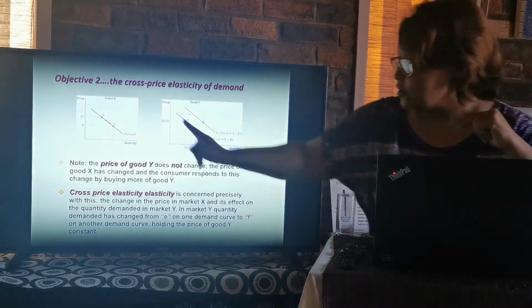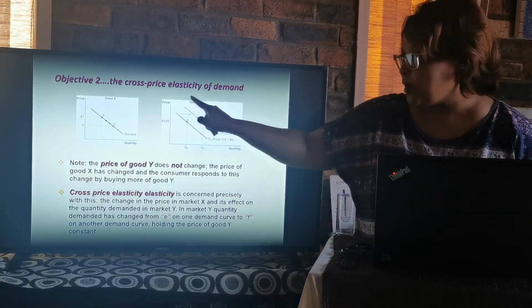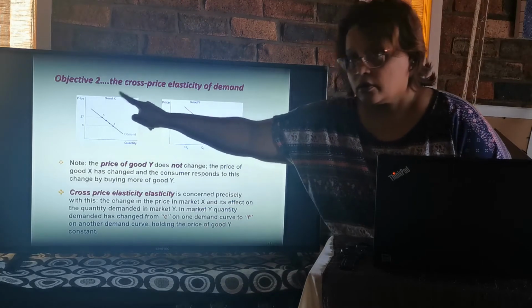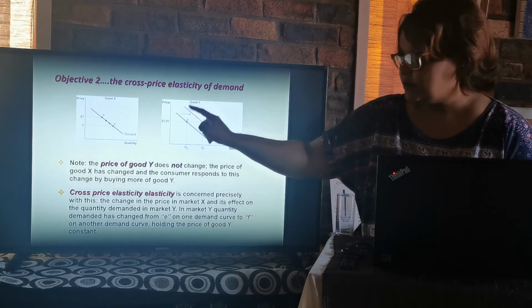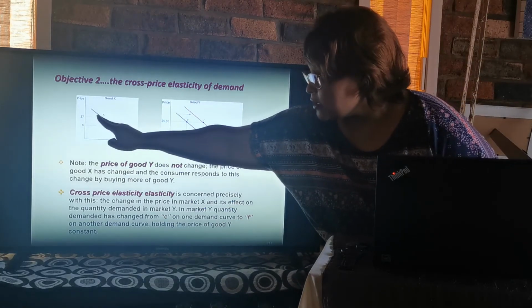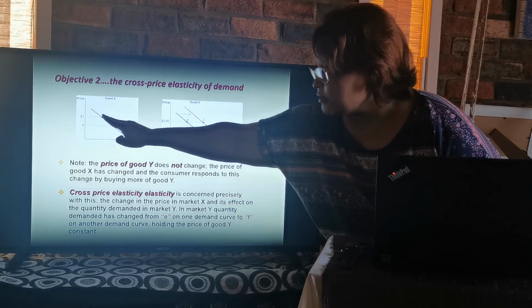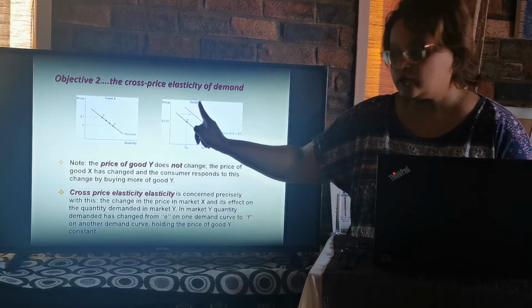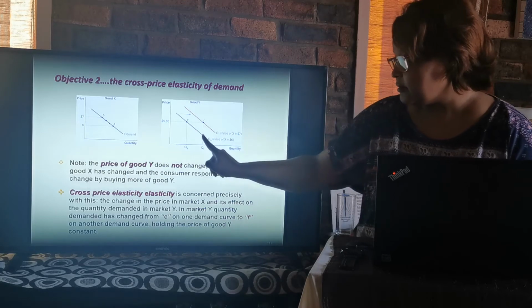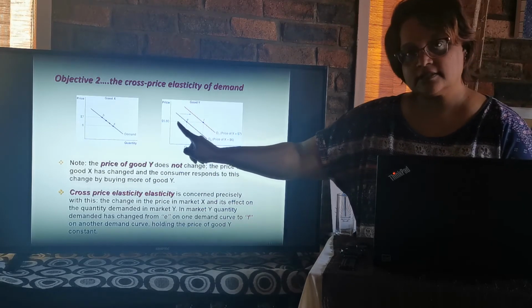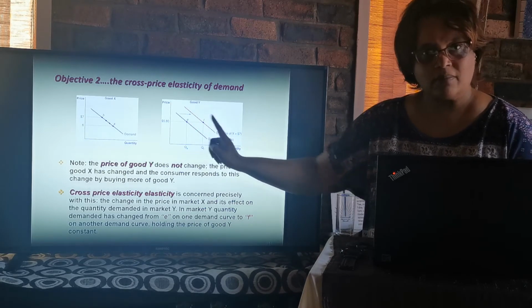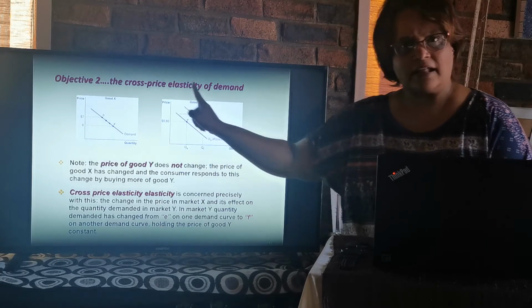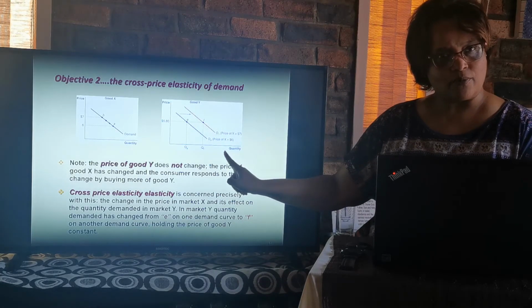Let it sink in. Good X, good Y. Coke, Pepsi. Coke, here's the increase in price of Coke. How's Y going to respond? Oops, let's just want more. Because that is too expensive, let me want more.